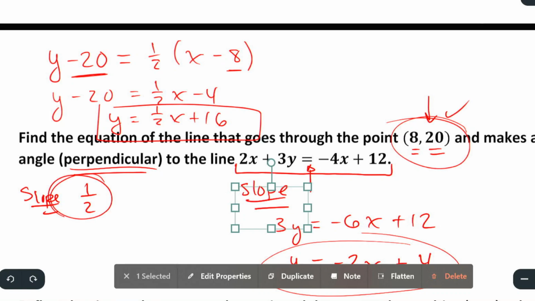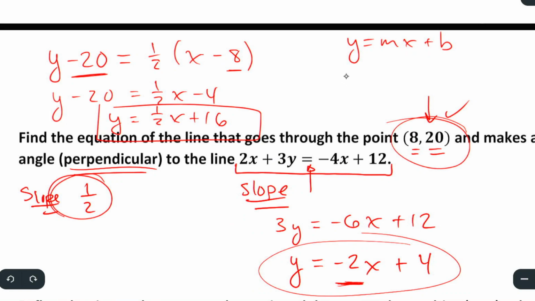The other thing I could do, the thing that we've done quite a bit, is start with the equation of any line, in point slope form or slope intercept form, and plug in what you know. So in this case, I know that y is 20, and the slope that I'm using is 1/2.